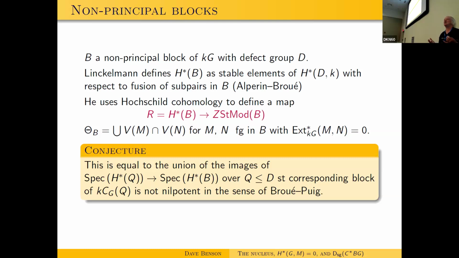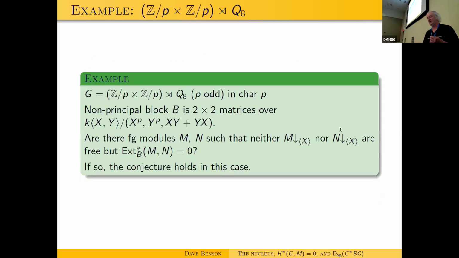But let me give you a very concrete example, where I don't know the answer to this conjecture, where you can actually fiddle around with stuff and do some representation theory. So here's an example. Let's take an elementary abelian group of rank 2 in odd characteristic, okay?